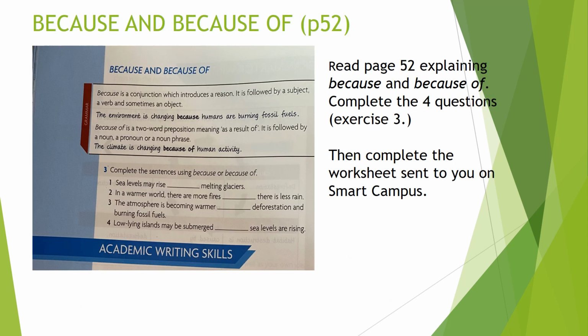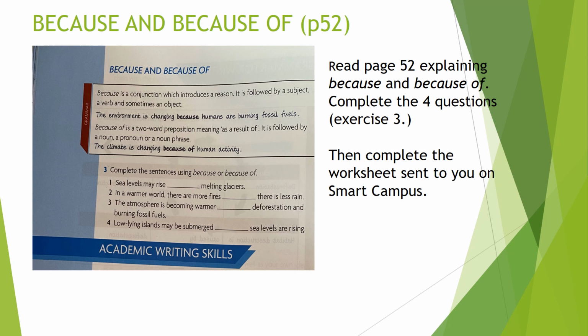After you have finished the cause and effect, there's one more thing that we need to do for Unit 2, and that is because and because of on page 52. Okay, so I'm mostly going to leave this to you guys. Please read page 52 explaining the difference between because and because of, and you can also complete those questions there. There are 4 questions in the book.